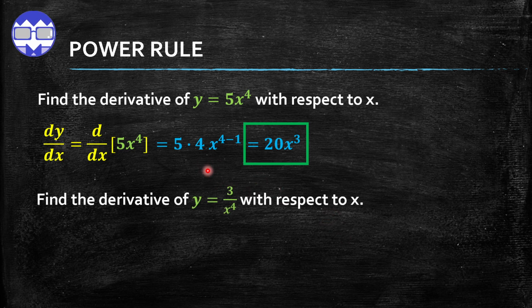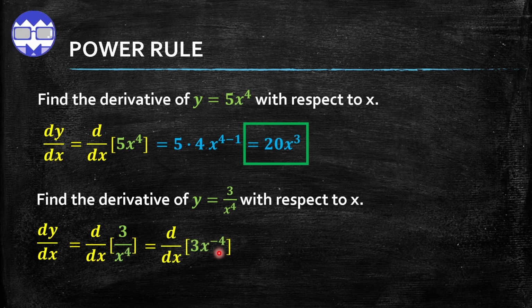And then last for the power rule: what if you have a rational function in which the numerator is just a constant? There are no variables in the numerator, but the variable is in the denominator. In this case, we have 3 over x to the power of 4. Remember, in your GenMath, in your functions, you can change this. You get the reciprocal and the exponent becomes a negative exponent.